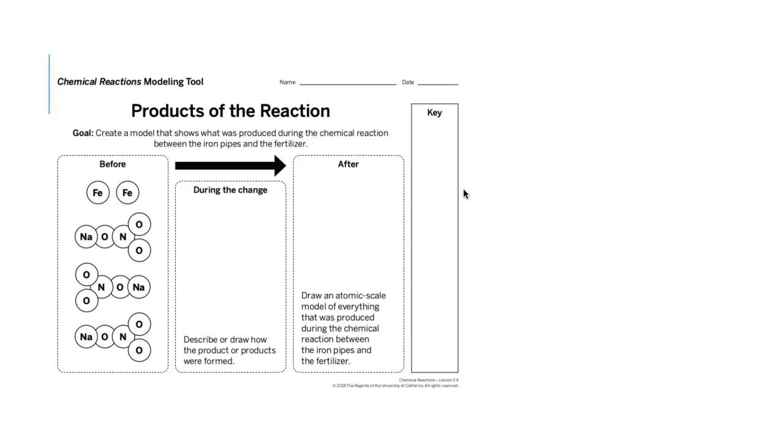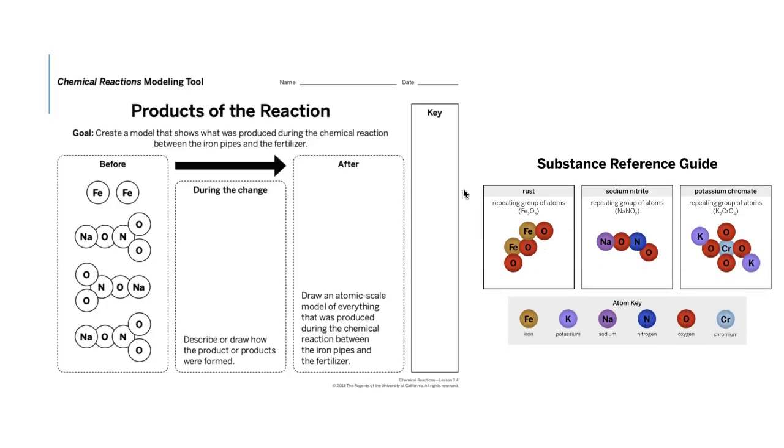This is also part of your assignment. Your goal is to create a model that shows what was produced during the chemical reaction between the iron pipes and the fertilizer. You're going to color in the befores with the different colors. You're going to describe or draw the product or products that were formed.